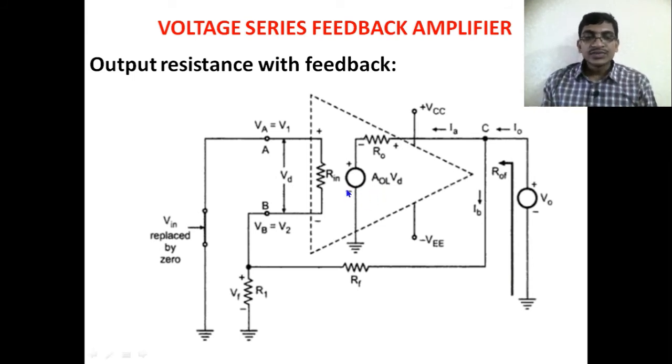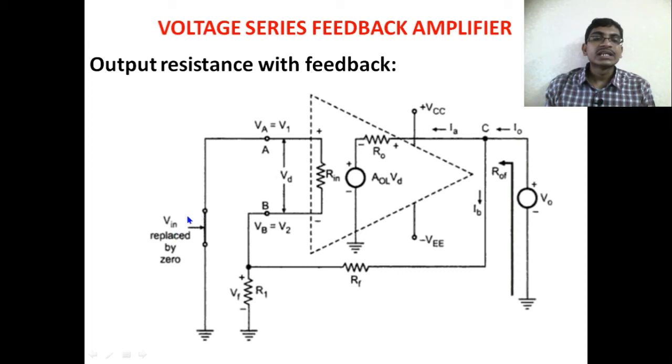Here, the change we have made is that Vin has been replaced with 0. The voltage source can be replaced with a short circuit in order to make it 0. Therefore, Vin is equal to 0.